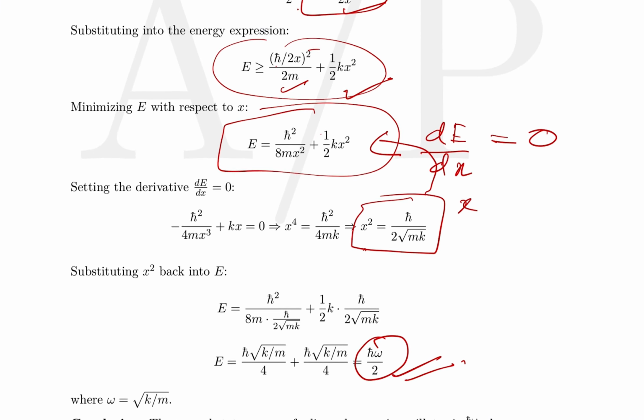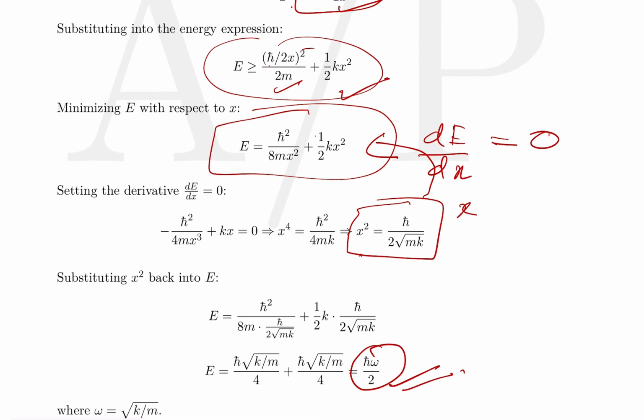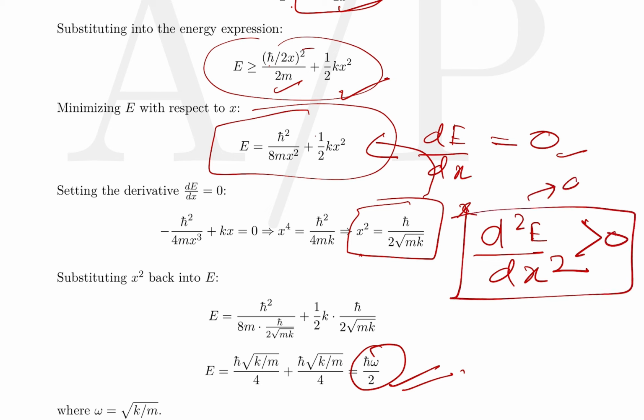But if you could add one more thing here, that dE over dx is equal to 0 for minimizing the energy, and at the same place if you write that the double derivative of this energy, d2E over dx2, for the minimum is positive, that is more than 0, then definitely you will get some extra marks, 0.5 marks extra, because the examiner now knows that you have a very clear concept that while doing dE over dx we have two cases.